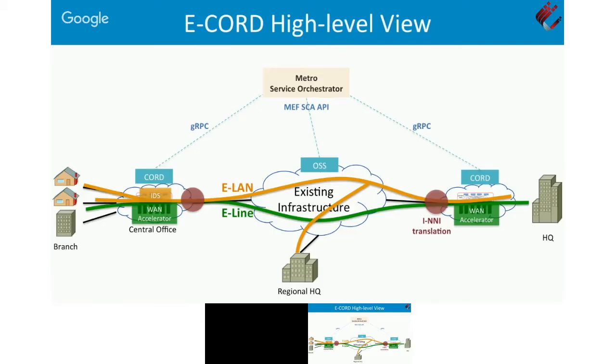Another thing I should mention is that because the Metro Service Orchestrator delegates these tasks down, it doesn't need to know about the details of the central offices. So the CORD sites can advertise themselves as just one giant virtual switch. The Metro Orchestrator would see the transport network plus these switches at the edges.